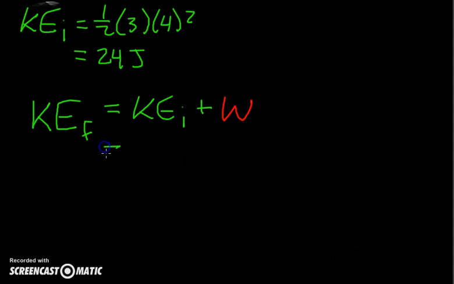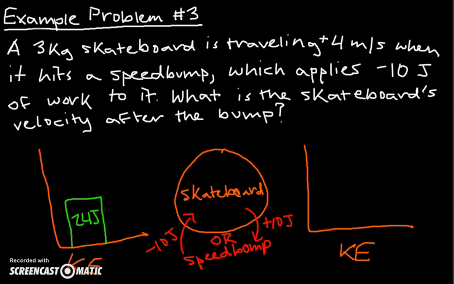So, in our case, our final kinetic energy is equal to 24 joules minus 10 joules, which means that our final kinetic energy is equal to 14 joules. So we're going to write that right here in our little final kinetic energy, 14 joules. And now we can use this in order to figure out the skateboard's velocity.